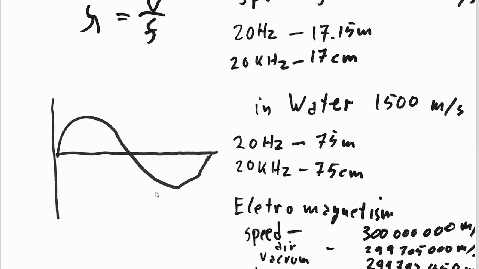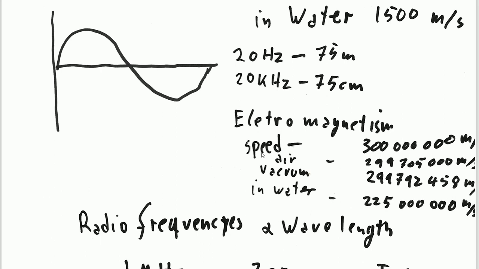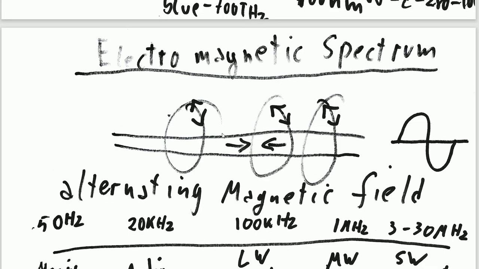Okay, we need to look at electromagnetism as well. So the speed for electromagnetic waves, let me just take you to a diagram. When you put a current through a wire and the current goes to and fro, goes this direction, then the other direction, it just toggles all the way.